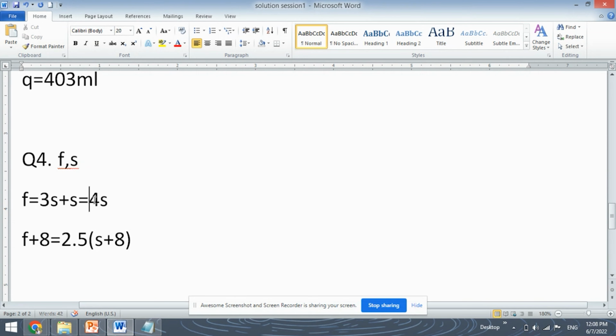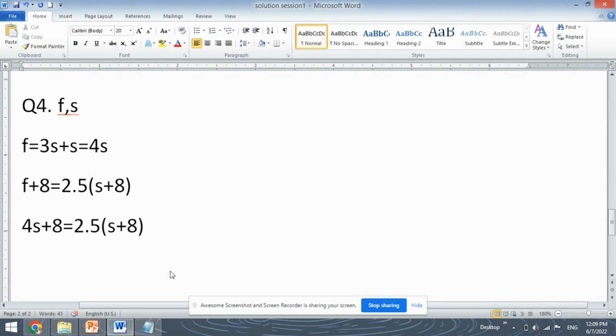Simply substitute this 4s into this equation in place of f. So 4s plus 8 equals 2.5 times s plus 8. Let's solve it. 4s plus 8 equals 2.5s, open the bracket, plus 2.5 into 8, which will be 20.